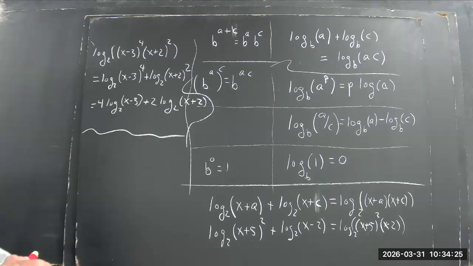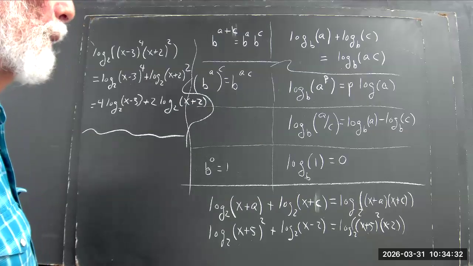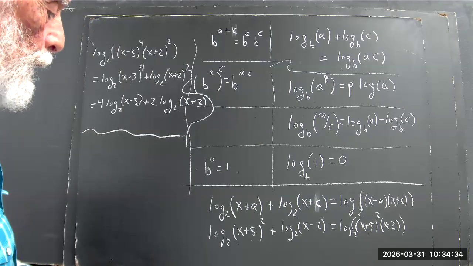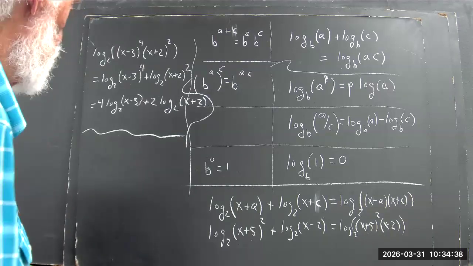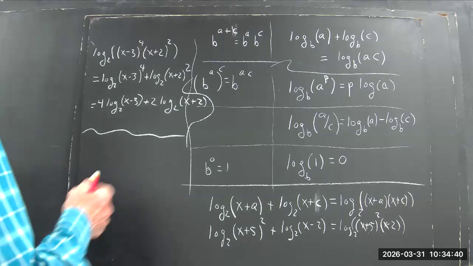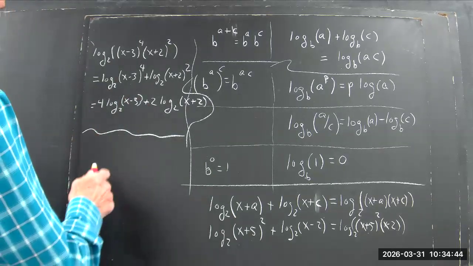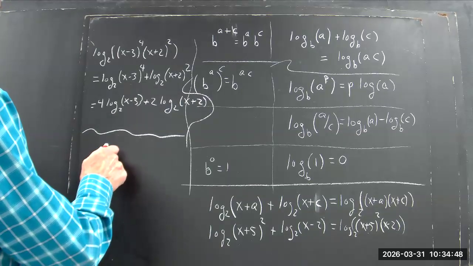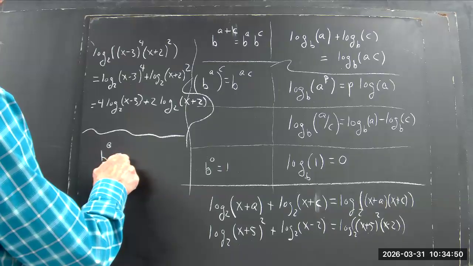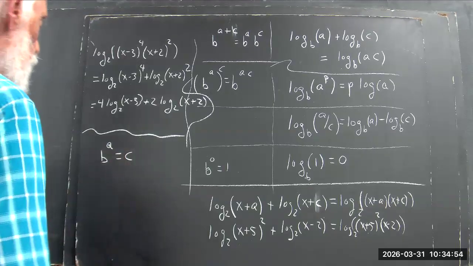Now, one of the most important applications of logarithms is in solving equations. So let's say we have exponential equations. I'm just going to write an equation here, which is b to the a equals c.